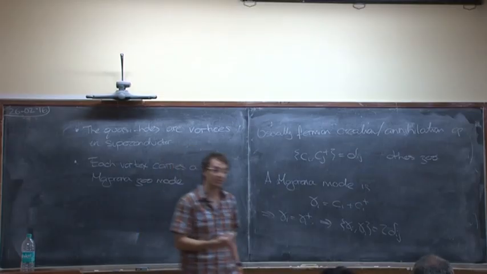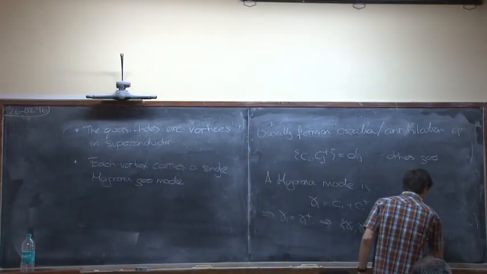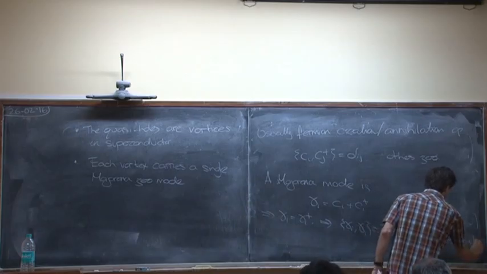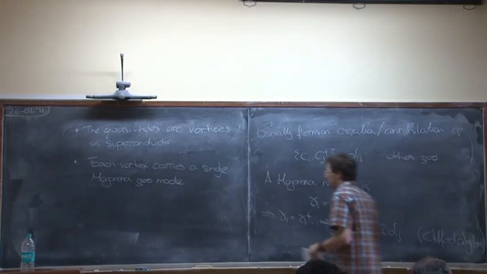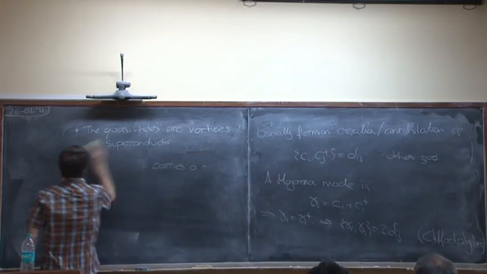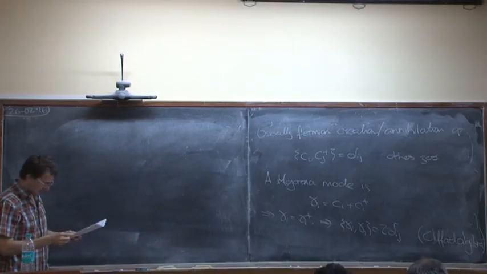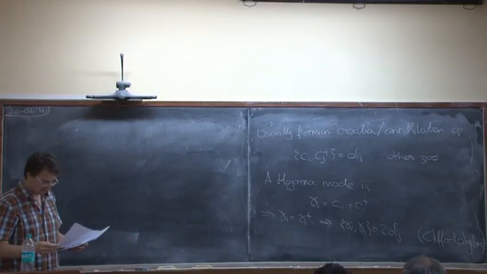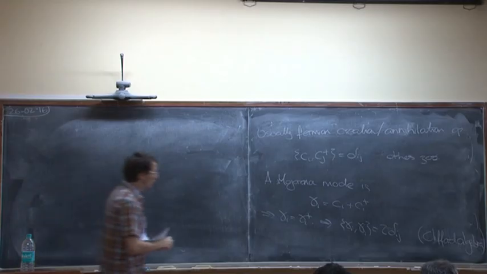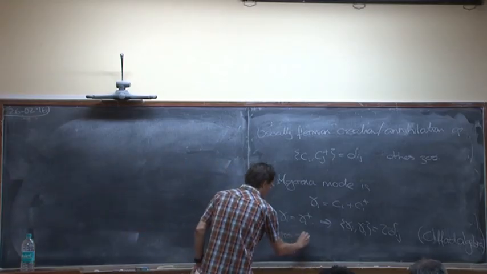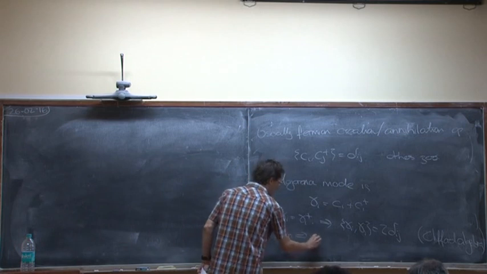This is a Clifford algebra. And that's going to be important. Okay, so for us we have two vortices, which means that this label i is going to go from 1 to 2.